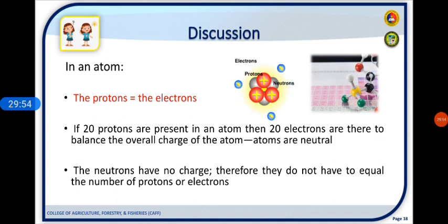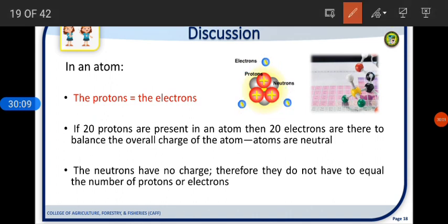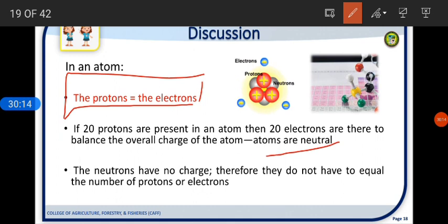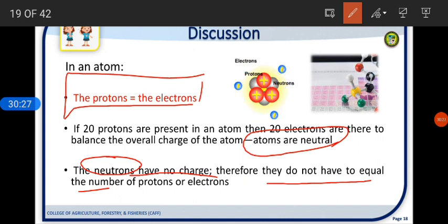The neutrons have no charge at all, they are neutrally charged. Therefore, they do not have to equal the number of protons or electrons. Usually protons equal electrons, but this is only true for neutral atoms.